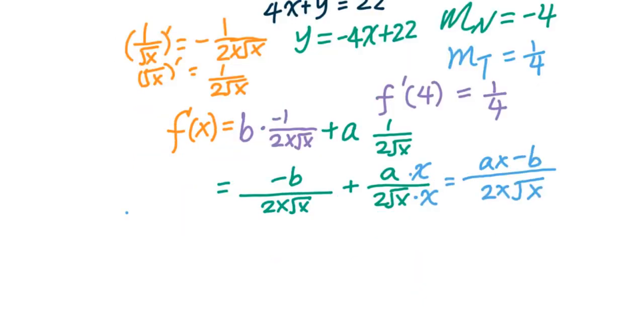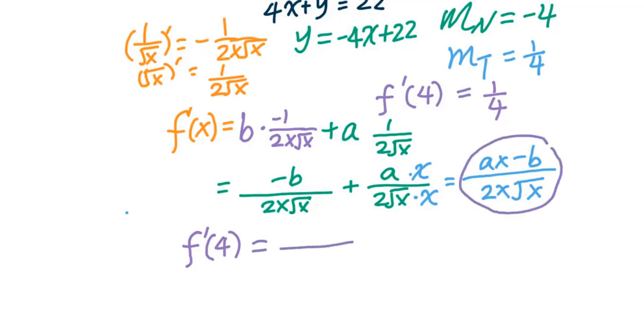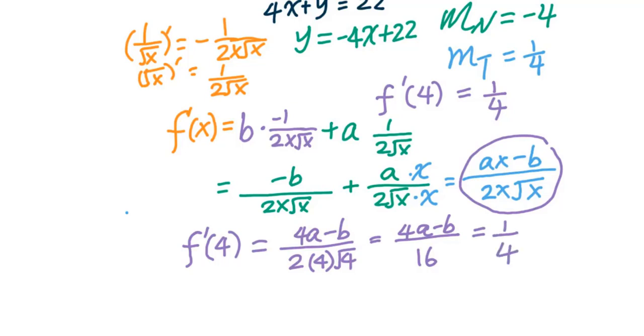Then you plug in x equals 4 for f prime of 4: that is 4a minus b over 2 times 4 times square root of 4. You will get the denominator 16. So 4a minus b over 16 equals 1 over 4.